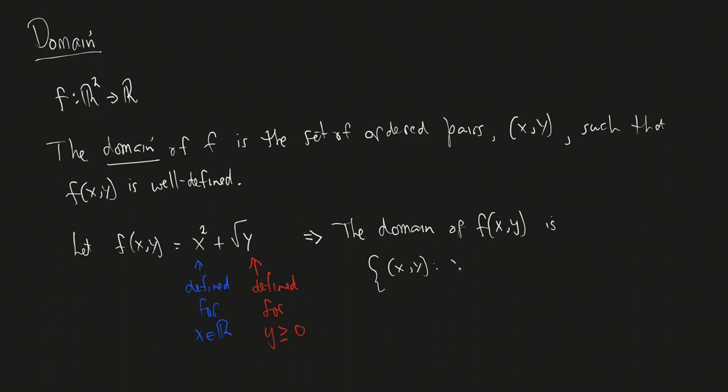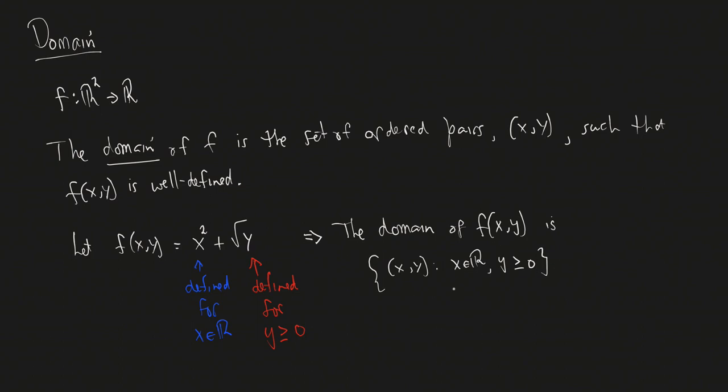Well, we know that there are no restrictions on x. Commas in this context are interpreted as an "and," so x can be any real number and y has to be greater than or equal to 0, right?